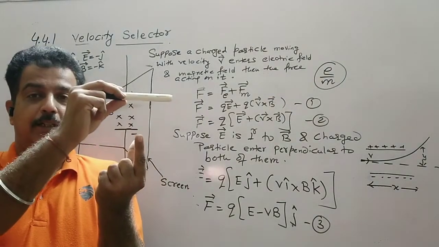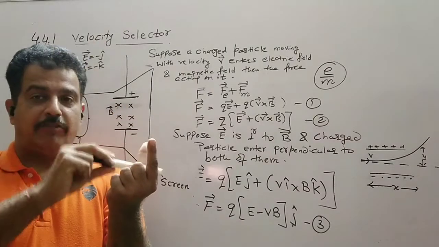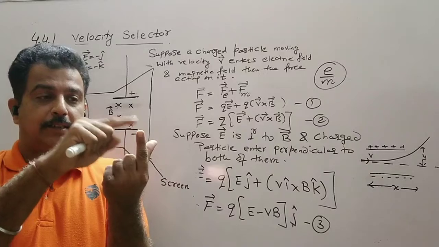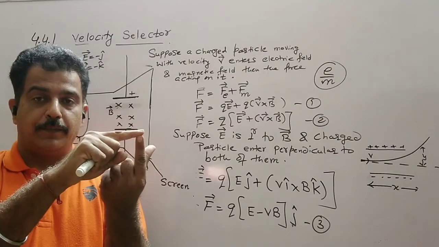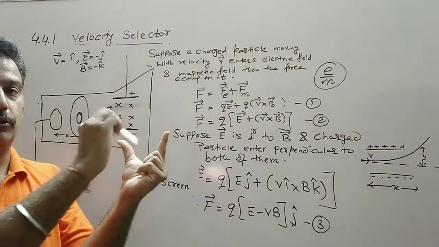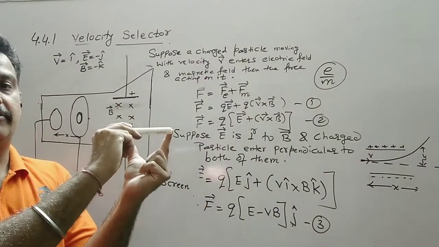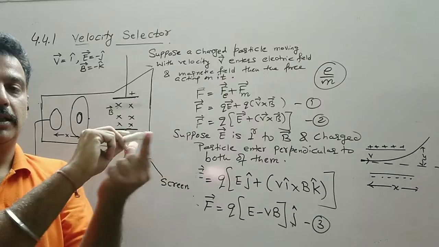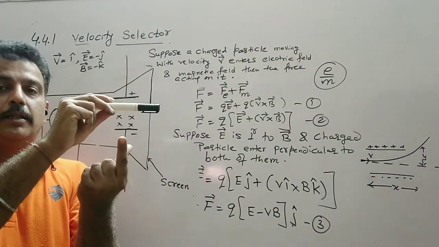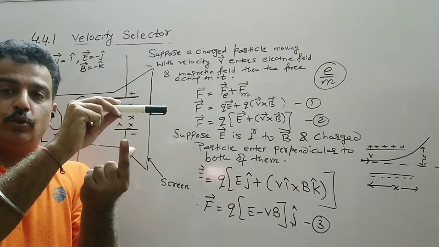So this is the plate which will create an electric field, which is in the downward direction. Now if I take this as the north pole and this as the south pole, the magnetic field lines go from north to south, perpendicular to the plate, that is, normal to the plate.